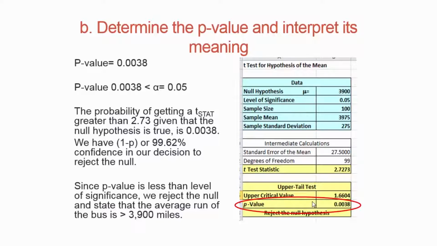And actually, if I take 1 minus p, that's going to give me my confidence level, which is 99.62% confidence in our decision to reject the null. So, because p is less than the level of significance, or alpha, we'll reject the null and state that the average run of the bus is greater than 3,900 miles before it needs to be repaired on the road.